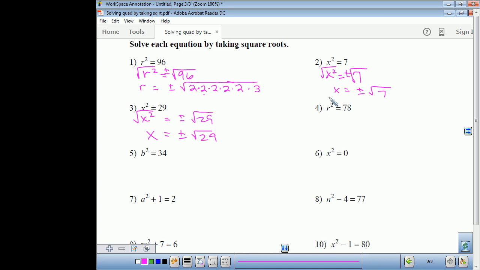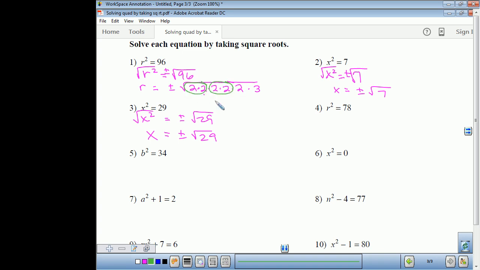Alright, boys, did y'all get plus or minus square root of 7 for number 2? And girls, did you get plus or minus square root of 29 for number 3? Okay, now let's go back and look at this. This was the other way we did simplifying radicals, where we broke it down into a complete factor tree, and we said when it's a square root, how many do we need to come out? 2.